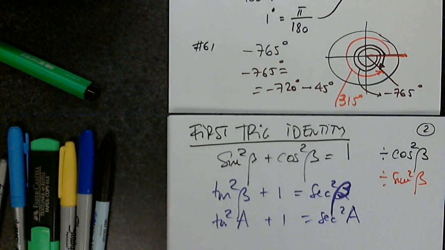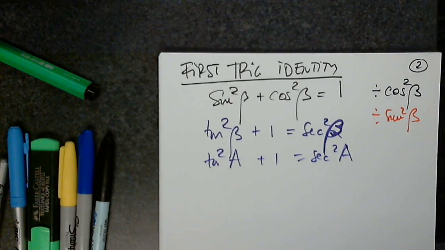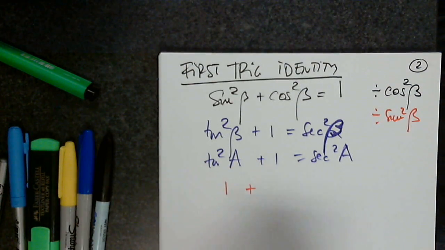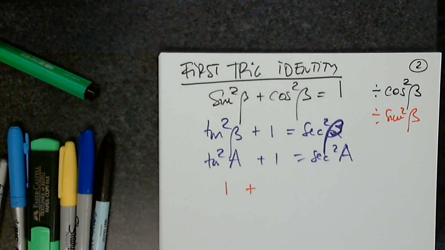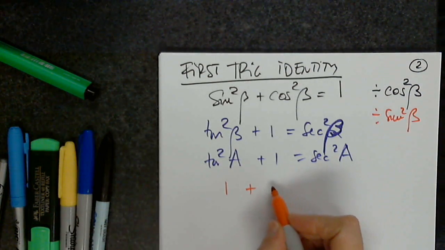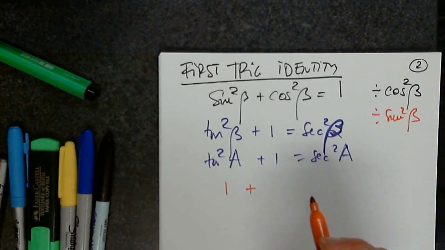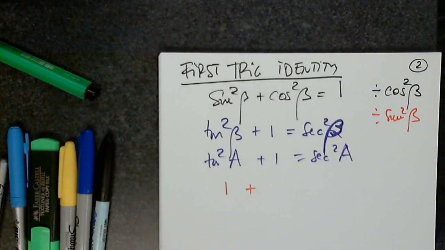Sine squared beta, of course. Tell me what you get. How much is sine squared beta over sine squared beta? Plus, how much is cosine squared beta over sine squared beta? And that is a trig function. Secant is 1 over cosine.